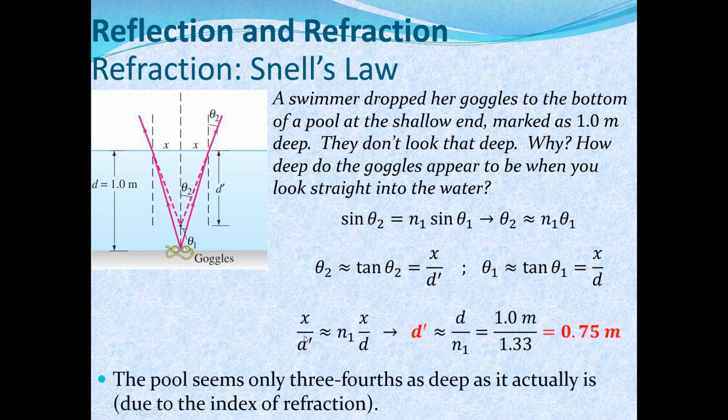And then from here, we could plug those numbers into our Snell's law equation, move some things around since the x values are the same, and we end up getting that this 1 meter deep pool actually only looks like it's 0.75 meters. So again, another thing that we had to keep an eye out for with refraction is that it does make depths also hard for us to gauge.